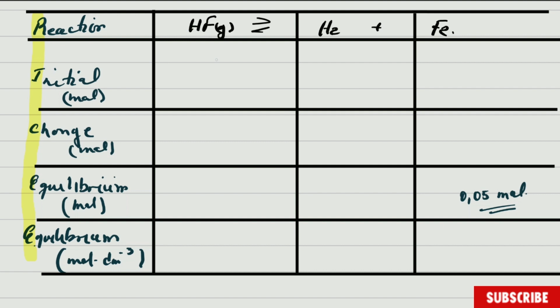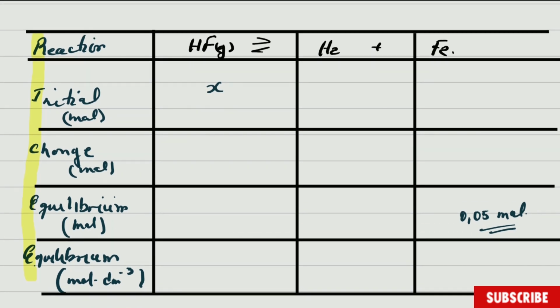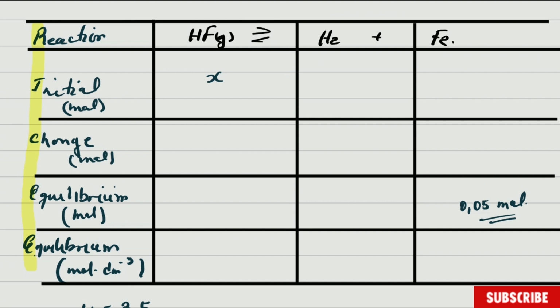This one is what you are looking for. I'm going to give this one the value of x, because I don't know that one. And the other data they're giving you is the Kc, which we are going to write here outside, right at the bottom. The Kc is equal to 3,5. That is the Kc. Okay, so this is what we have, and therefore we have to start completing this table using this. So let's begin.